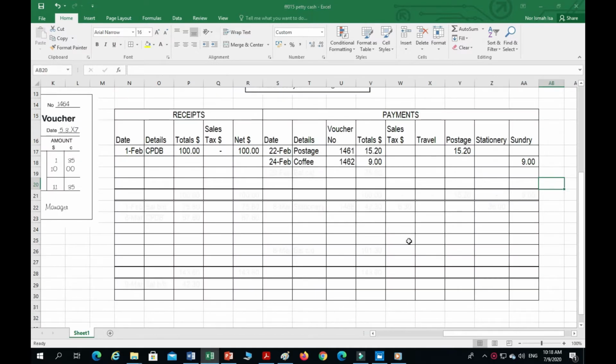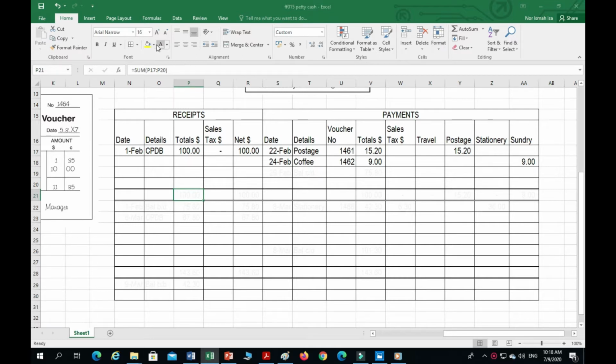Okay, since this is almost the end of February, the petty cash needs to be balanced at the end of February, because all the total amounts for expenses need to be posted to the nominal ledger. So we need to balance this petty cash.